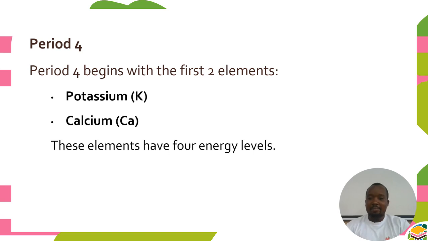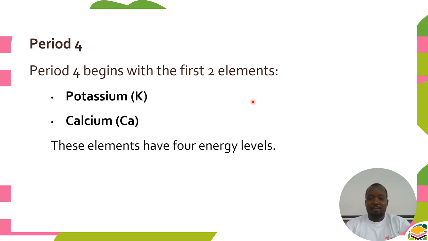Yes, hydrogen and helium. Similarly, in period number 4, we have 2 elements, potassium and calcium. Why are they found in period number 4? Because they have a maximum of 4 energy levels, 4 shells.